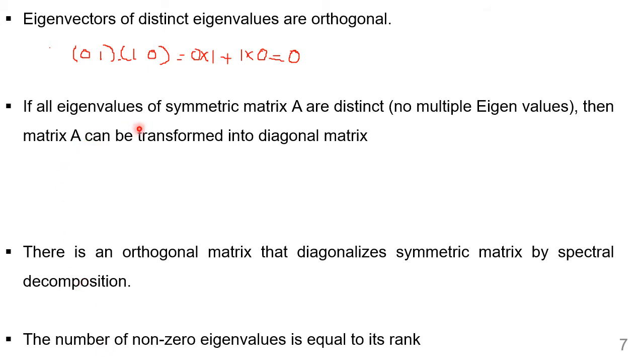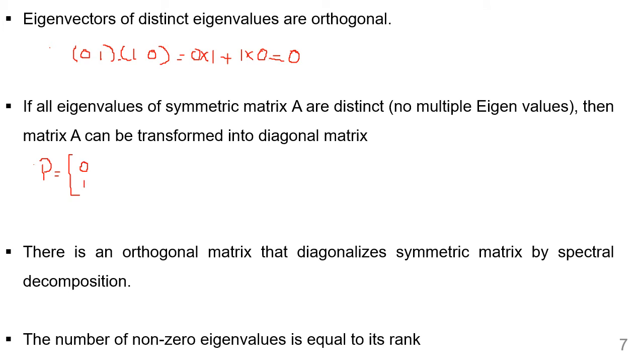If all eigenvalues of symmetric matrix A are distinct, no multiple eigenvalues, then matrix A can be transformed into a diagonal matrix. So I can now take P, corresponding to eigenvalue 4, I have got this as 0, 1.